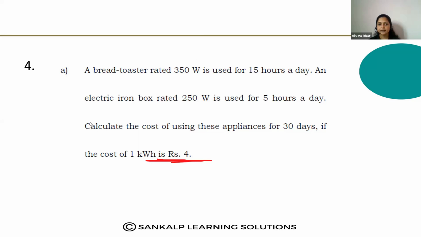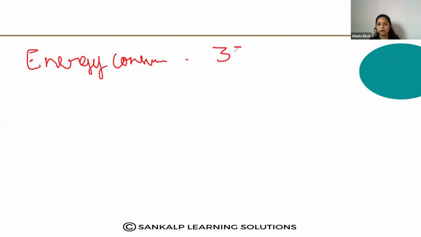Okay, so let us write the given data. Bread toaster: what is the energy consumed by this bread toaster? The power is 350 watt, used for 15 hours a day, for 30 days.